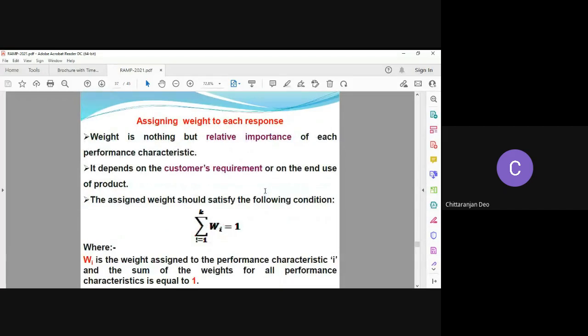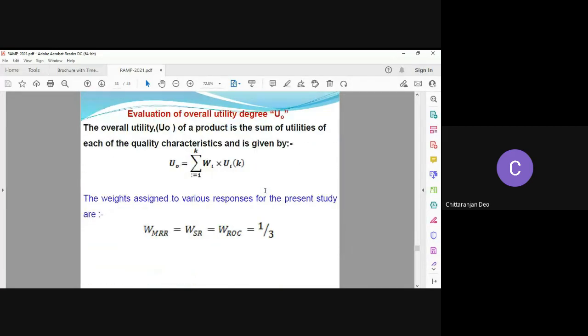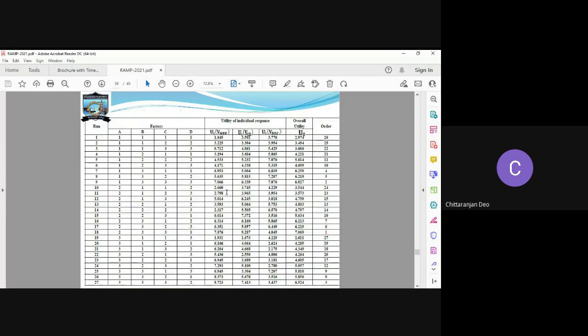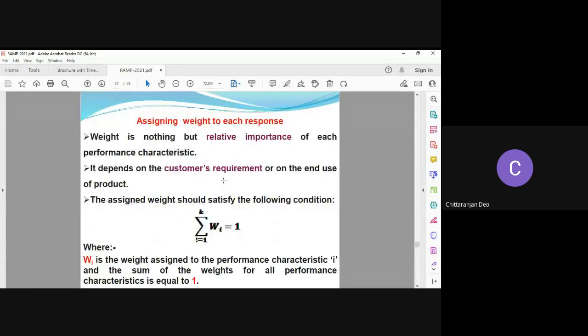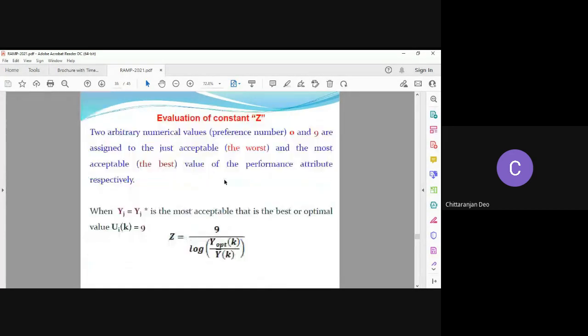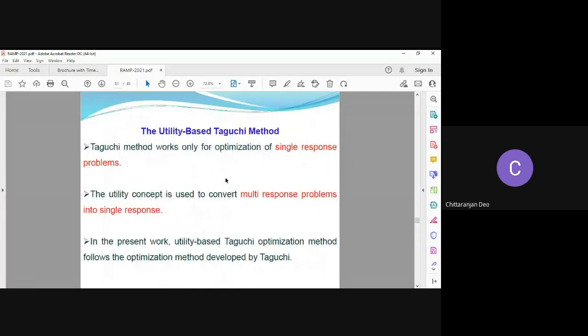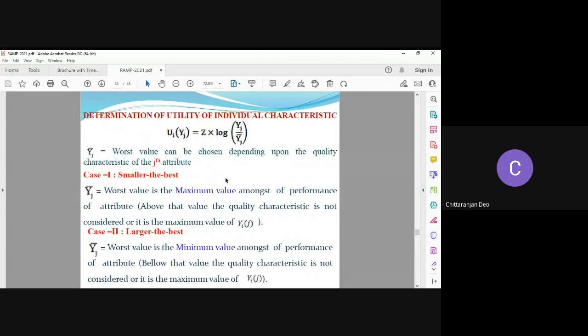So the utility of each individual response we are calculating by using this equation, and you can see here the values that we have calculated. Just see the utility value that we have calculated here.